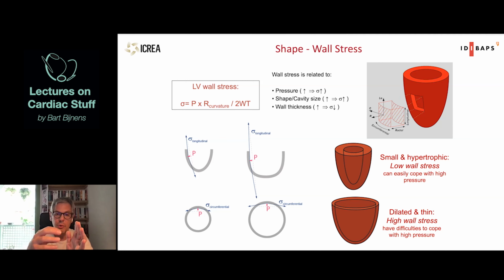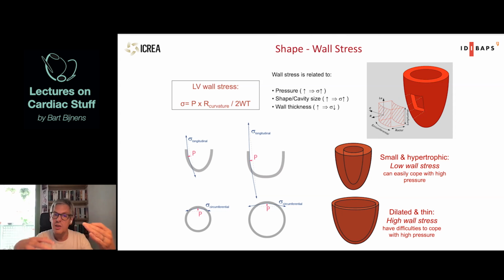Very importantly, it is related to the geometry, namely the radius of curvature. Locally, the more curved the myocardium is, the lower the wall stress for a certain pressure. The more flat the myocardium is, the higher the wall stress for a certain pressure. And additionally, it's inversely proportional to the wall thickness. So a thicker wall will have, on average, a lower wall stress compared to a thin wall.